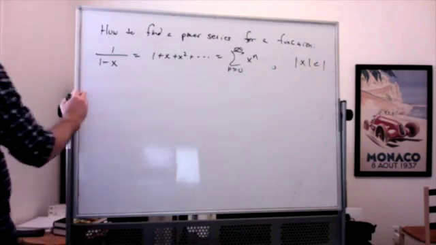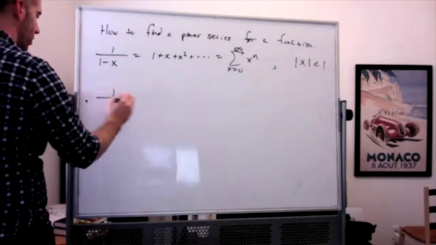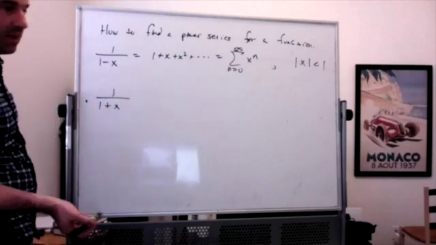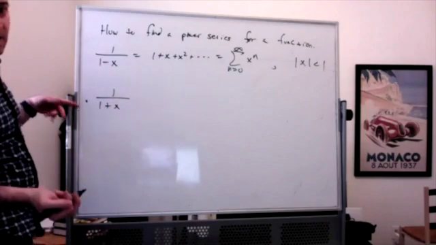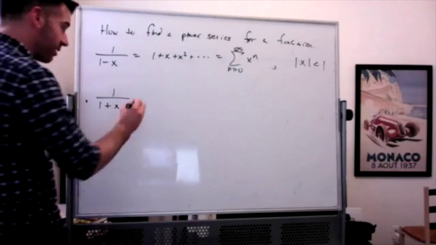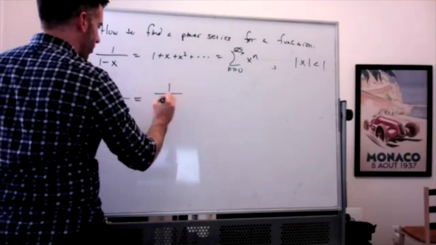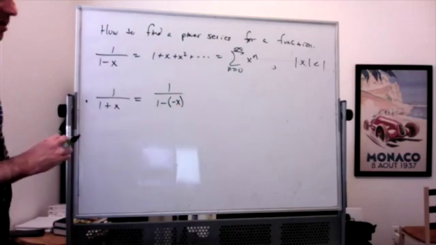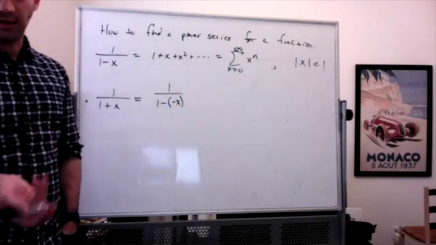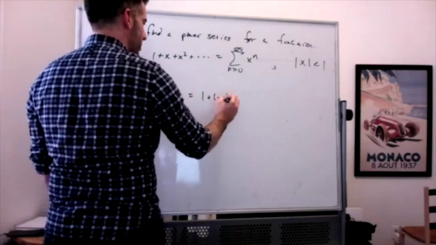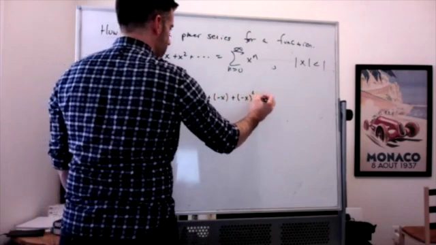What if I want to write 1 over 1 plus x as a power series? Well, I'm always trying to make it look like 1 over 1 minus something. So I write this as 1 over 1 minus negative x. Essentially negative x is taking the place of positive x. So I can write this as 1 plus negative x plus negative x squared, and so on.